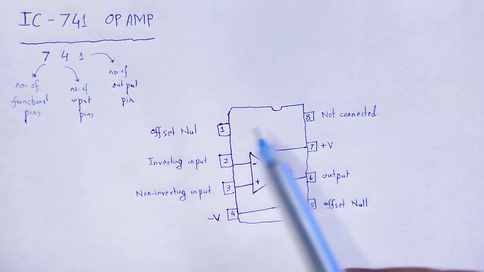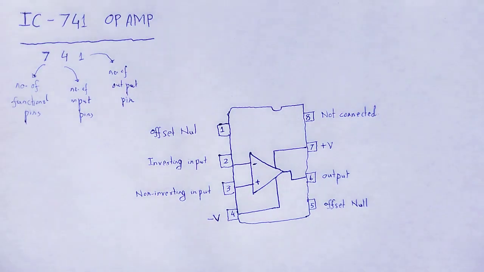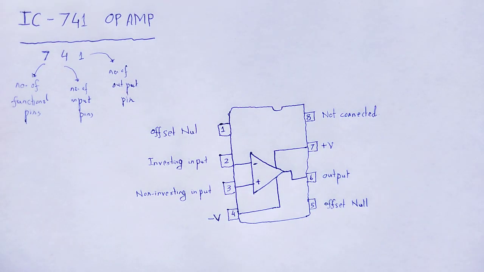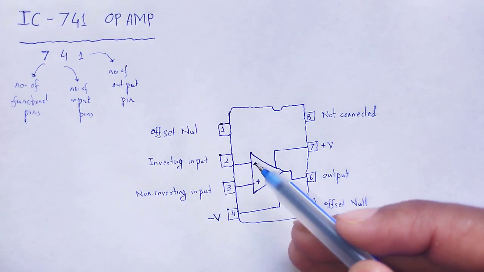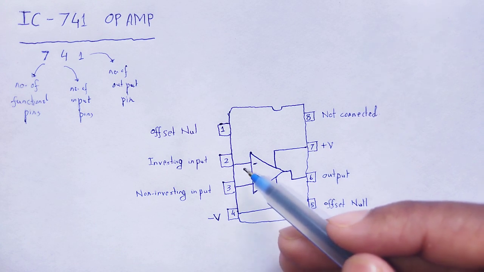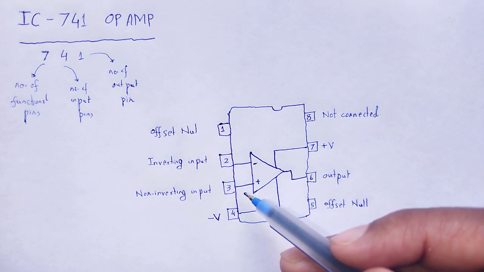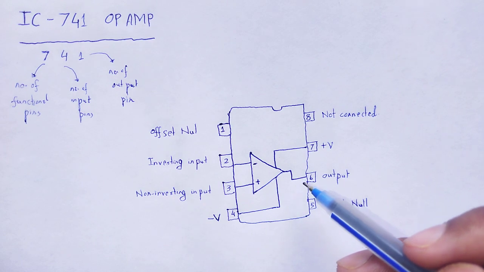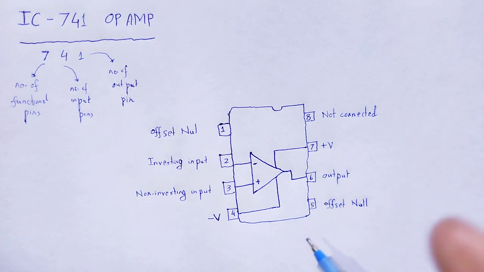What is offset null? Okay, we can understand it. As we know, if the two terminals of an operational amplifier are shorted, the output voltage is not 0. That's the important point.